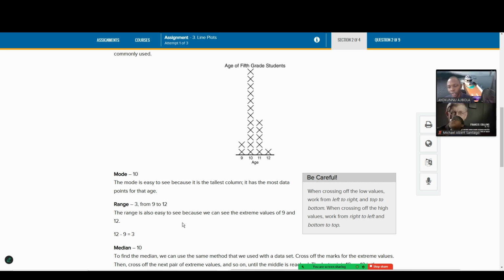So the midpoint is going to be the one that falls in the 10th position. So 1, 2, 3, 4, 5, 6, 7, 8, 9, 10. But it's not going to work just like that, because the middle point should be 10, but it's going to be 10.5 or something, because we have 20 data points.